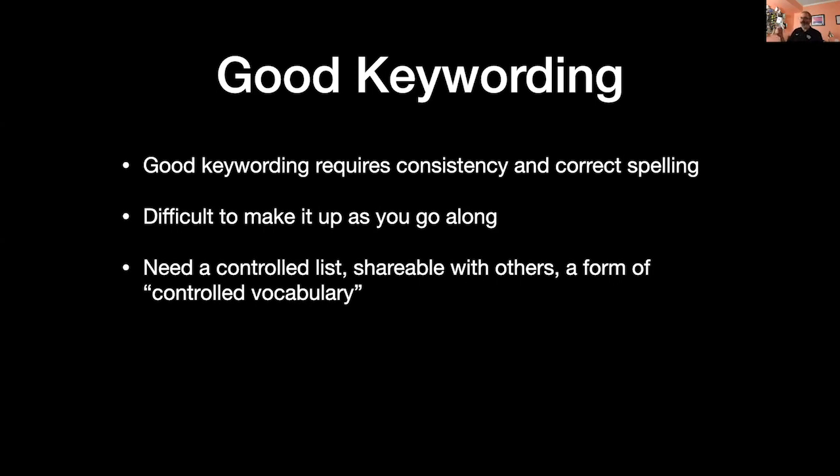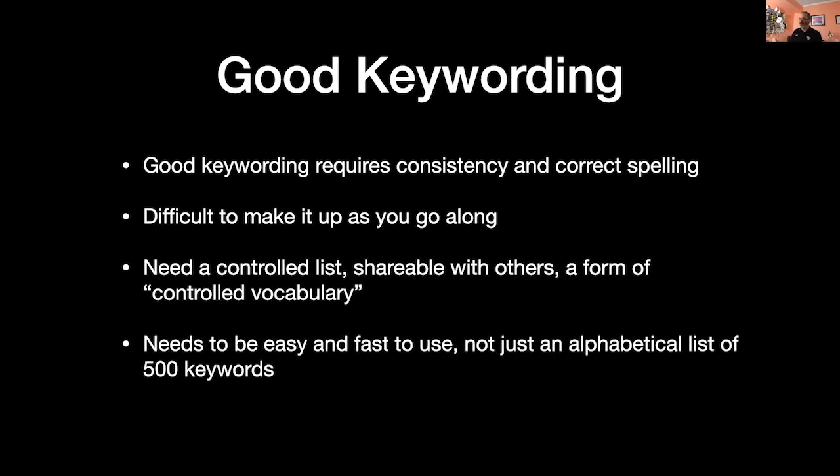But having a set of keywords that you can choose from all the time so that they're consistent is a huge big deal. And finally, it needs to be easy to use, right, and fast, or we're not going to do it. If you have an alphabetical list of 500 or 1,000 keywords, it's very challenging to go through and find the right keywords. Nobody's going to use it that way, right?